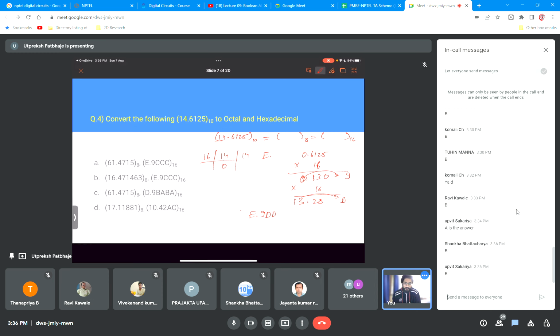I think I wrote down the option wrong, but yeah, let's correct it. Whoever is getting the correct answer, type it down. This is actually 0. Yeah, so the answer is B. But whatever value you are getting in the hex part, type it down.